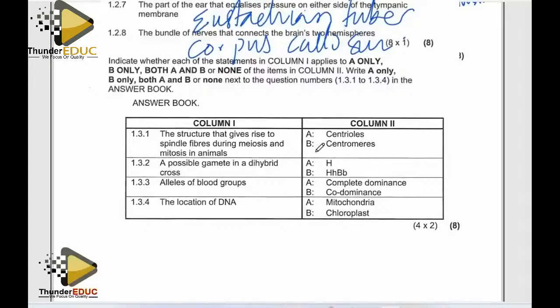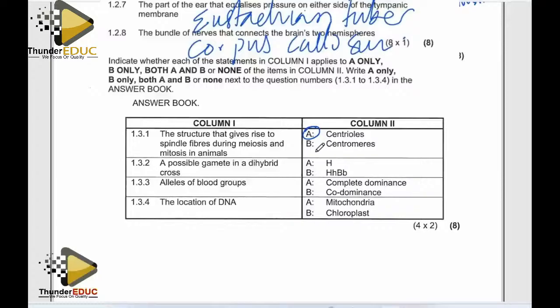They're saying the structure that gives rise to the spindle fibers during meiosis and mitosis in animal cell. The structure in animal cell is the centrioles.